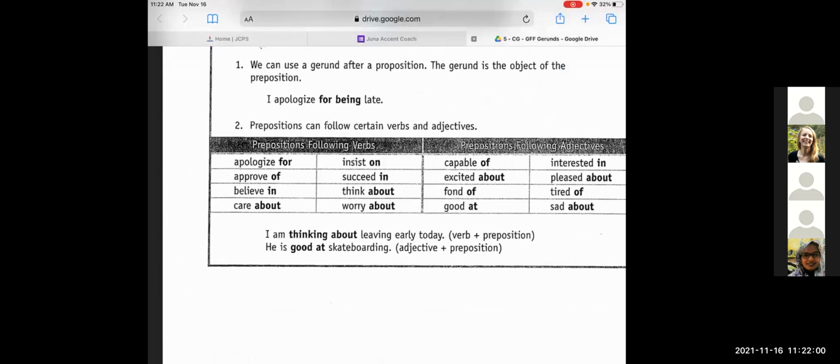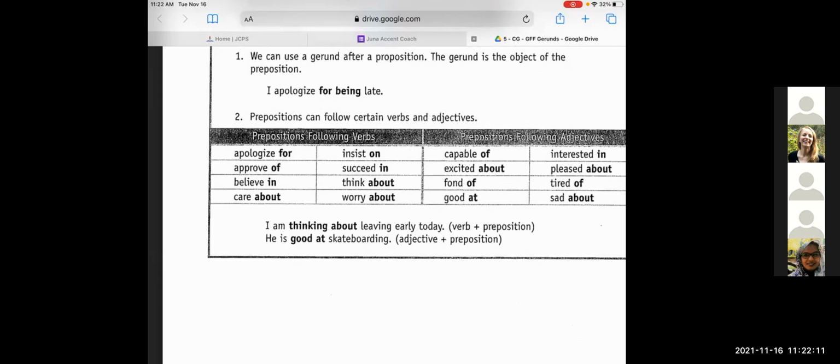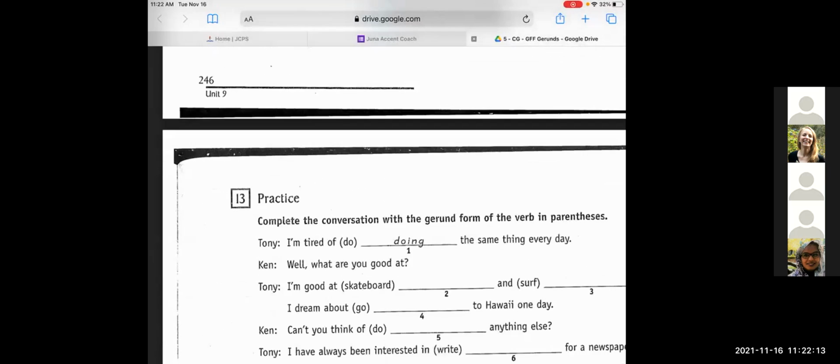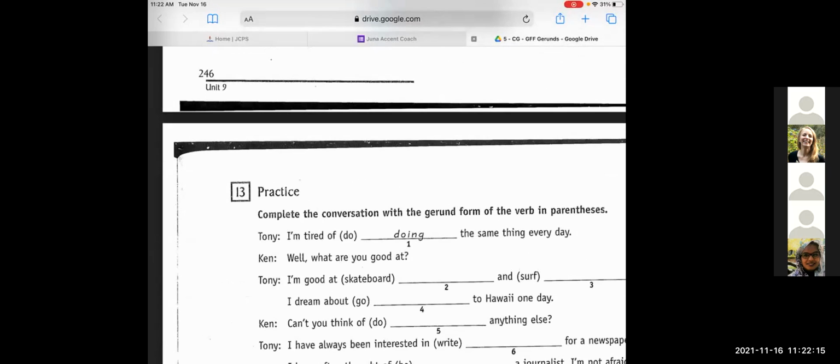Now this part we have to discuss. Gerund after preposition. I am tired of doing the same thing every day. She said do practice 14.